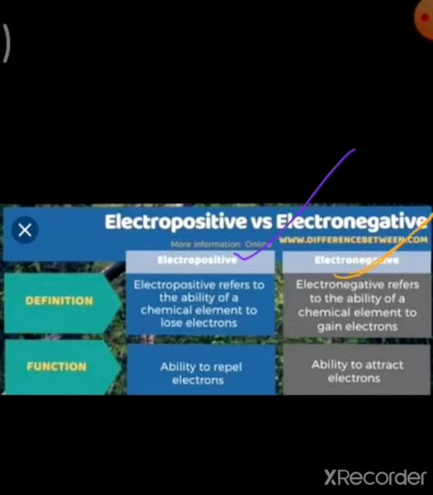Then what will be the function of electropositive elements? Their ability will be to repel electrons. And the ability of electronegative elements will be to attract electrons. Then the examples of electropositive elements: here we can take sodium.